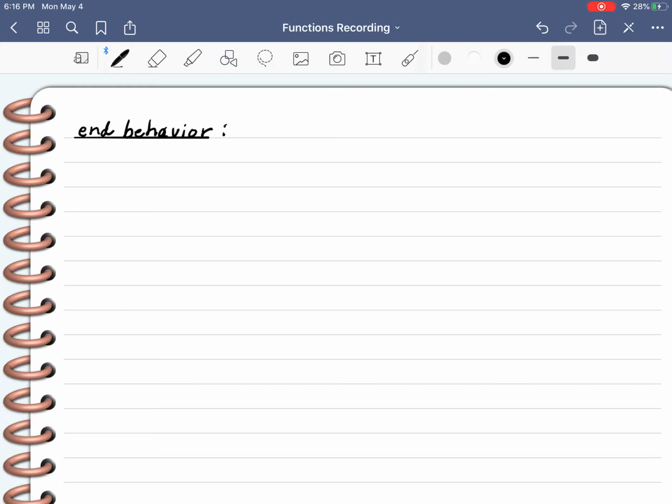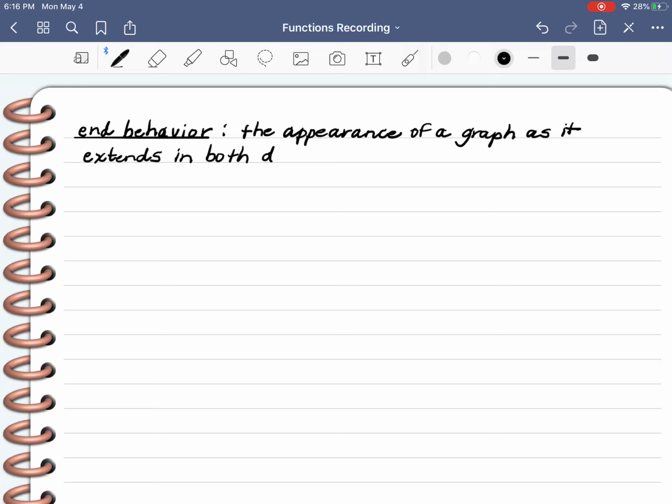End behavior is the appearance of a graph as it extends in both directions away from zero.